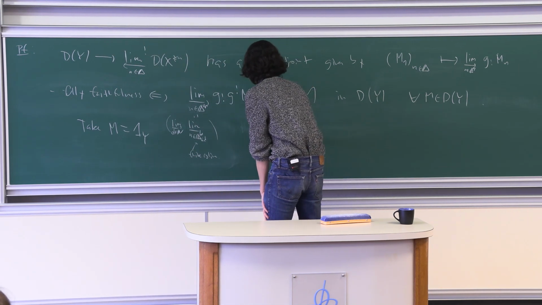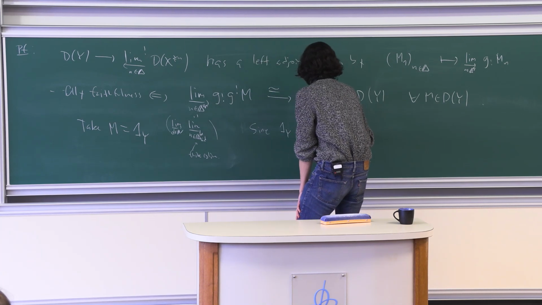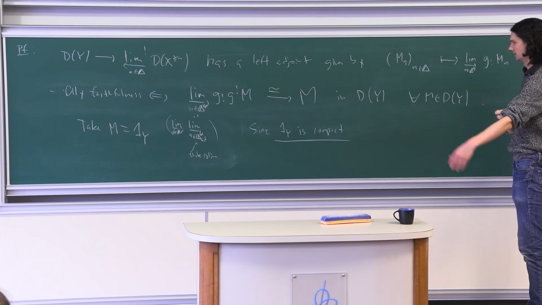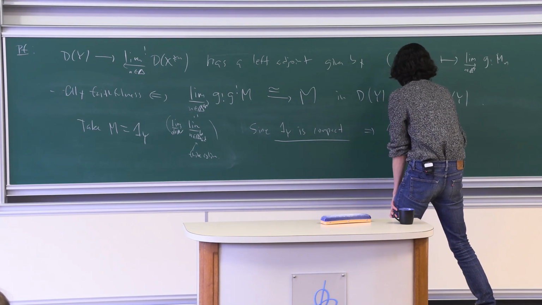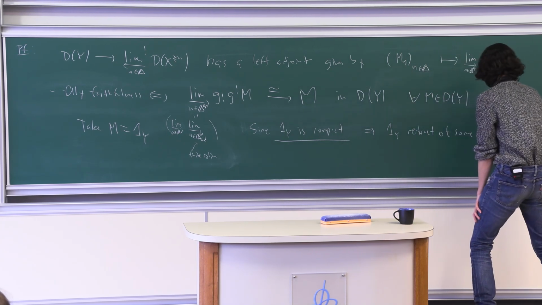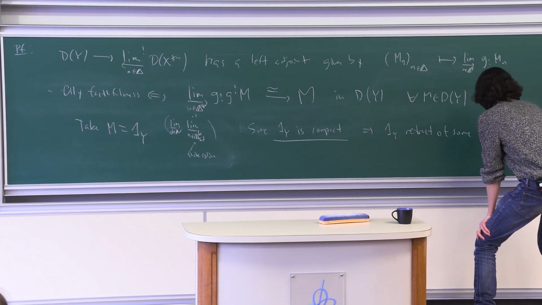Since unit y is compact, that's the key property here, we deduce that unit y is a retract of some partial totalization.